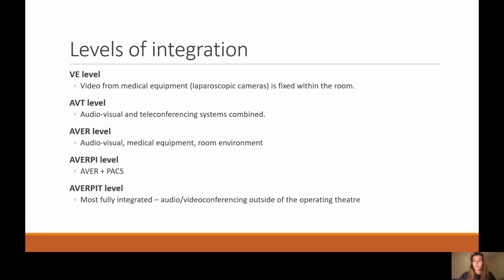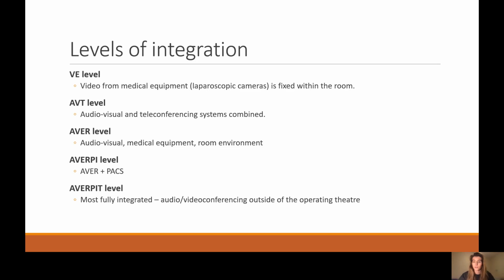AVER-PI level is generally at least the level of integration in most operating theatres currently. This system integrates not only video, audio, medical and room equipment, but also PACS, which is Picture Archive and Communication System. And this allows for the theatre to be connected to other areas in the hospital, such as radiology or labs.